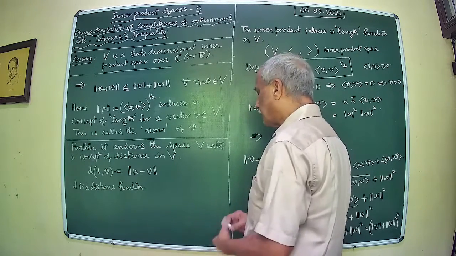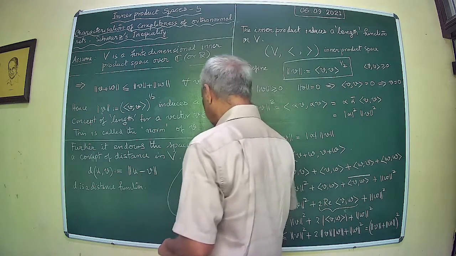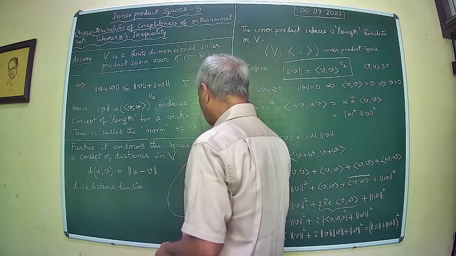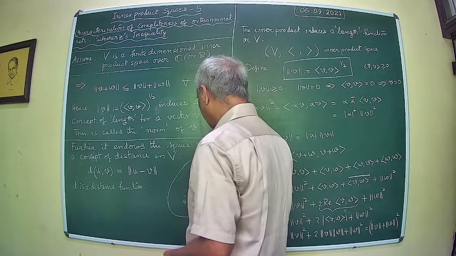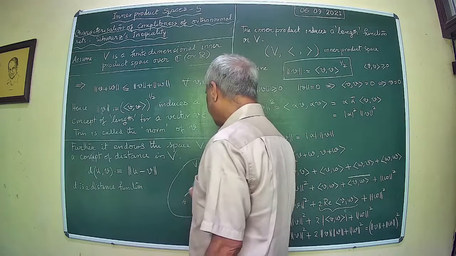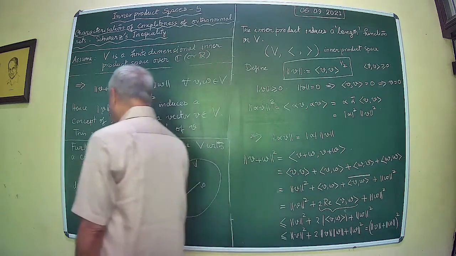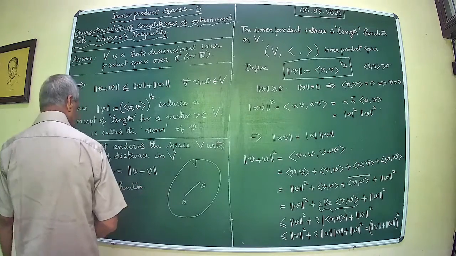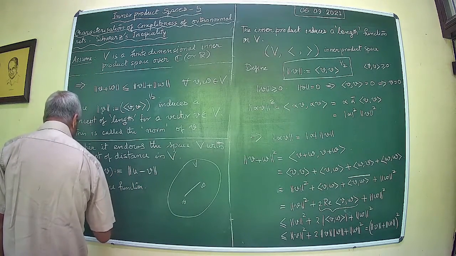So what are the properties of the distance function? So if you have a set, take two vectors v and w. So the distance between v and w, from v to w, is the same as the distance from w to v. Okay, so let us write down that. So what we want is this, verify this.